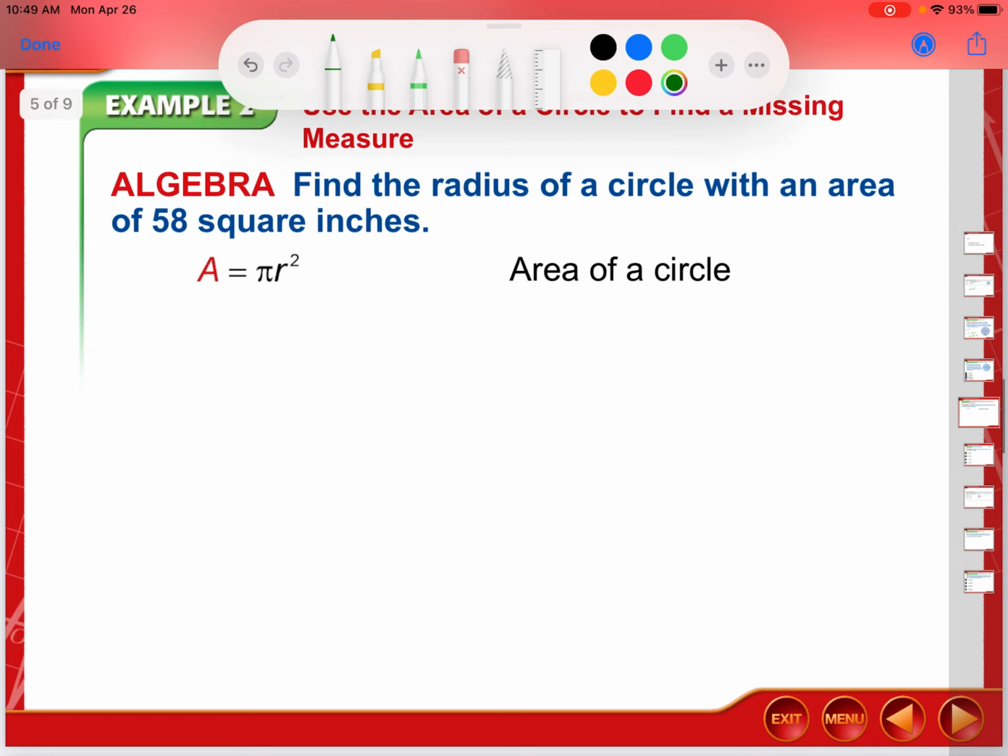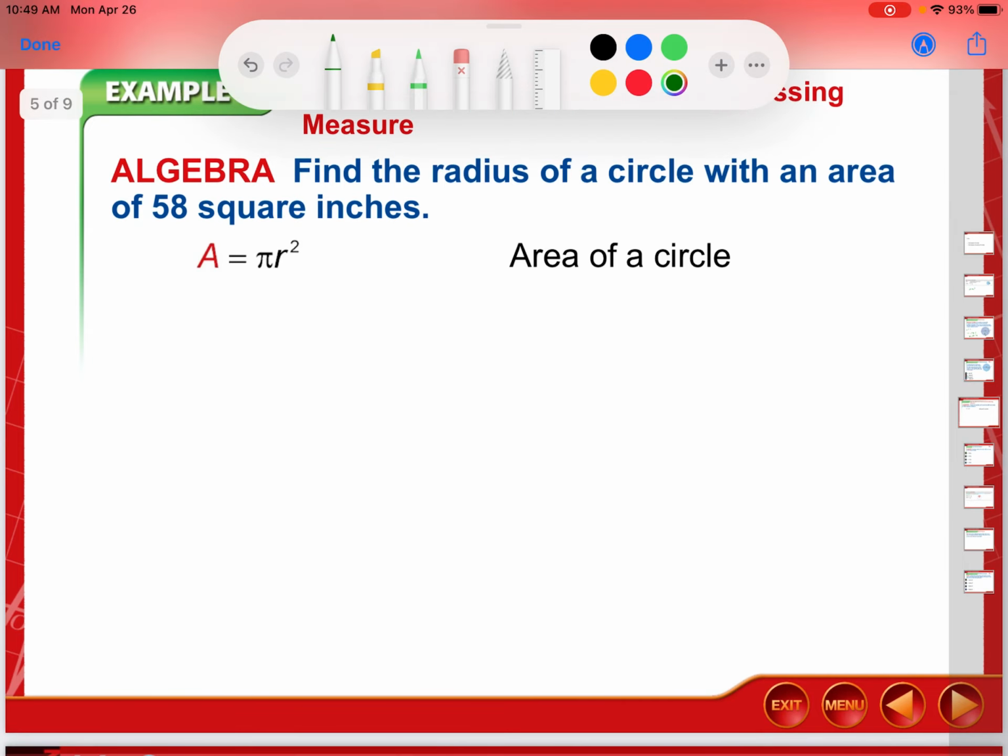Lovely. Okay, so find the radius of a circle with an area of 58 square inches. Once again, we know our formula is area equals pi r squared. We know our area is 58, and we know pi is never changing.